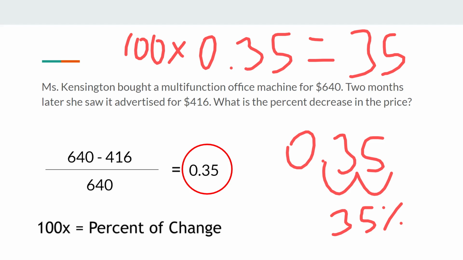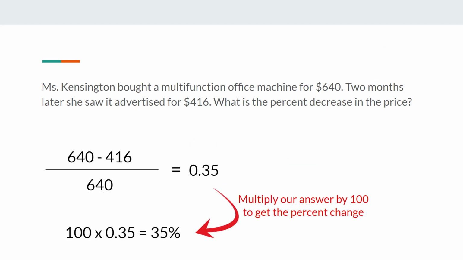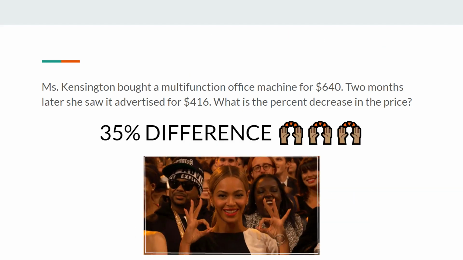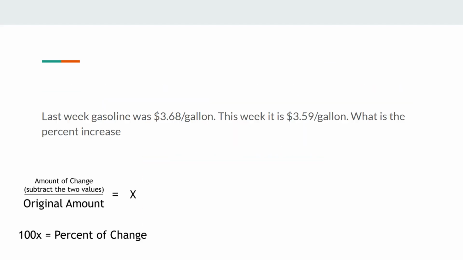Whichever way you want to do it, I find this to be a lot easier, but if you are doing the IXLs or the assignments and you realize that you're getting them wrong, then take this extra step here of multiplying your answer by 100. All right, and there we go. That's it. Now, gang, way to go, Beyonce.